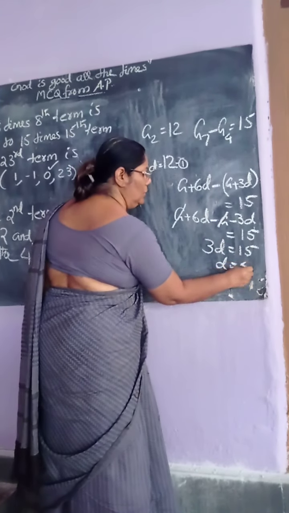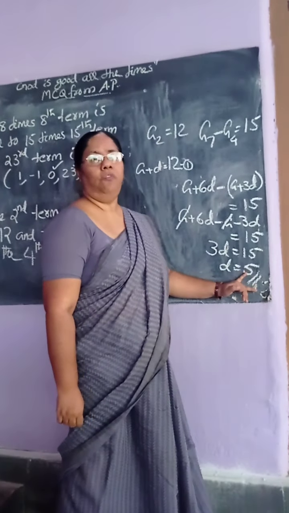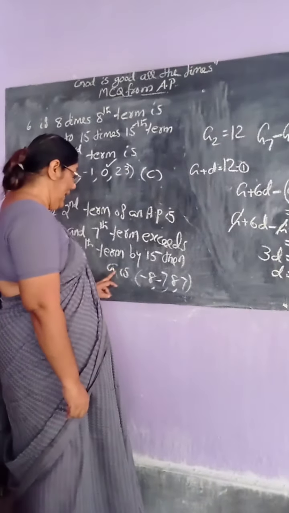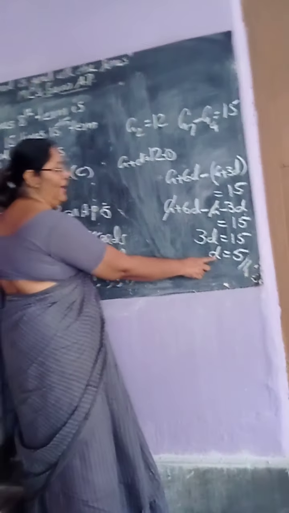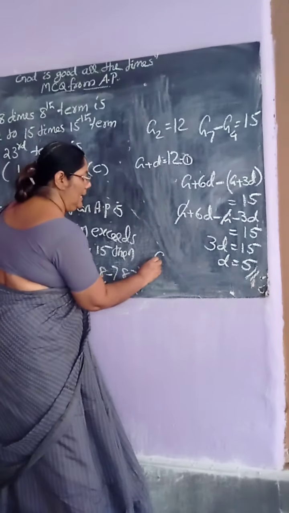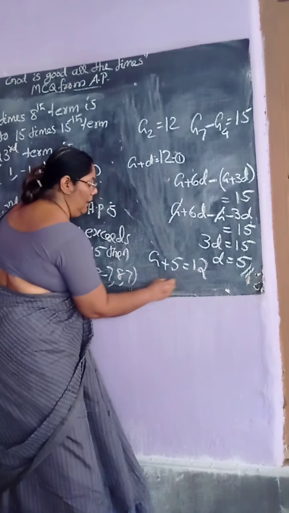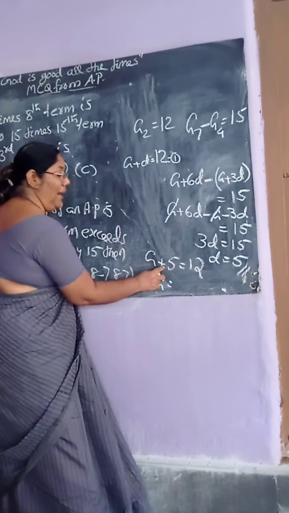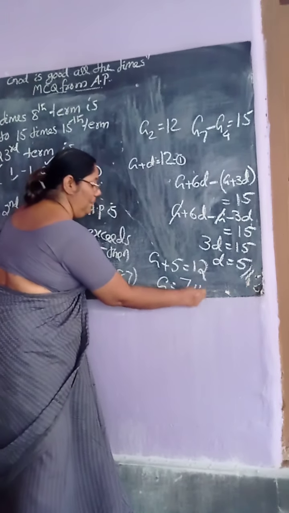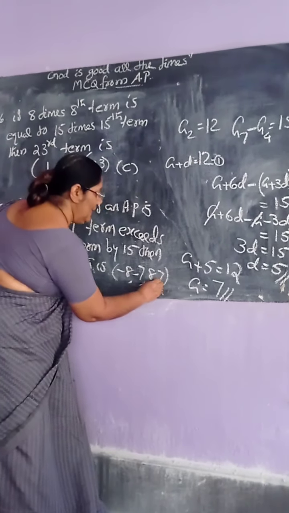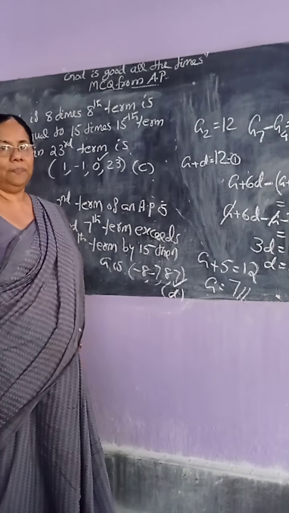From that D equal to 5. Our question is, select A from the options. Substitute the value of D in the first equation. A plus D equal to 12 means A plus 5 equal to 12. From that A equal to 12 minus 5, which is 7. Yes, the last one. D is the option.